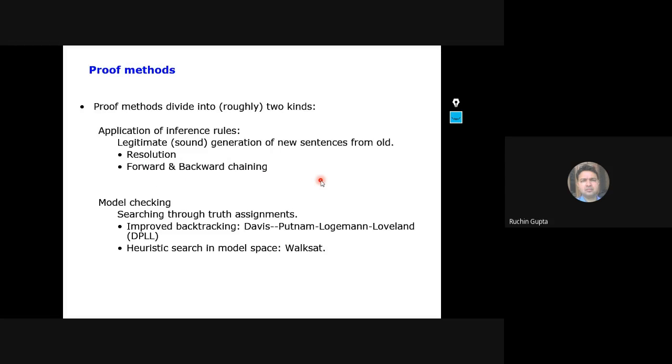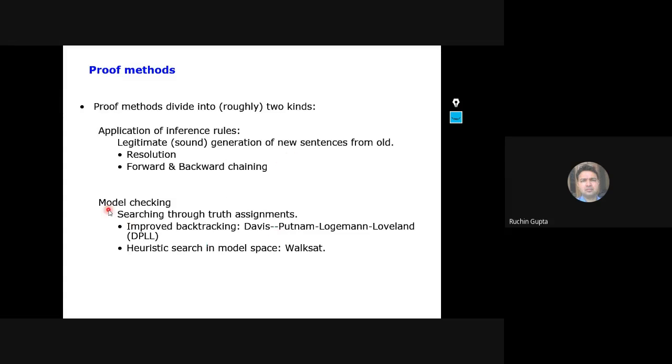So we have three techniques, resolution, forward chaining and backward chaining, which apply the inferencing rules. In the coming slides we will see what the different inferencing rules for propositional logic are.